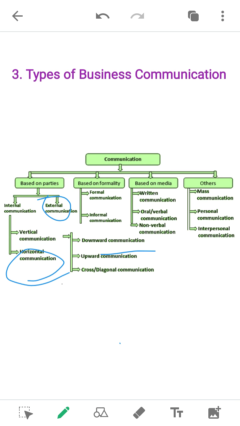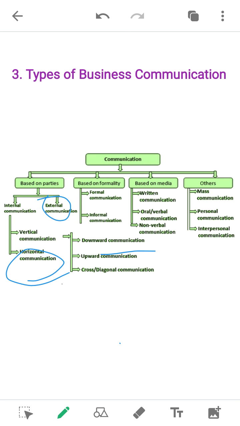Upward communication: when any information or message passes from subordinates to the superiors, it is called upward communication. When any foreman or worker makes a suggestion or request to the manager or CEO or the superior person, then it is called upward communication.